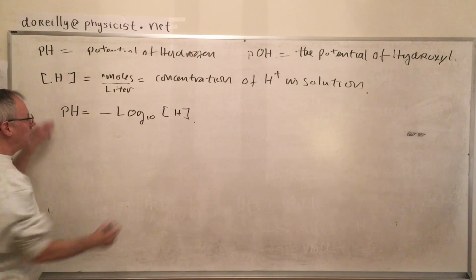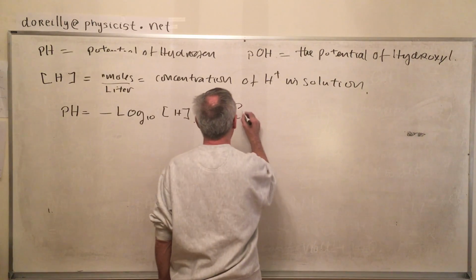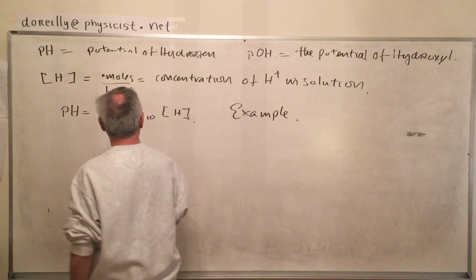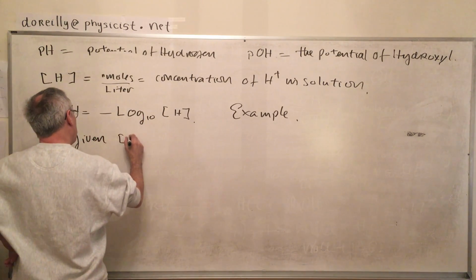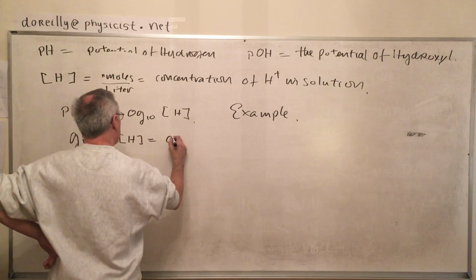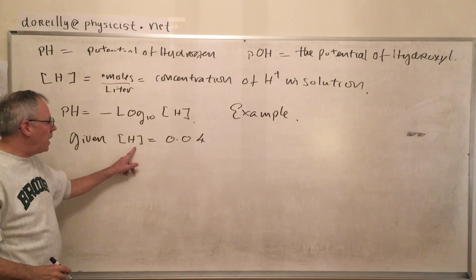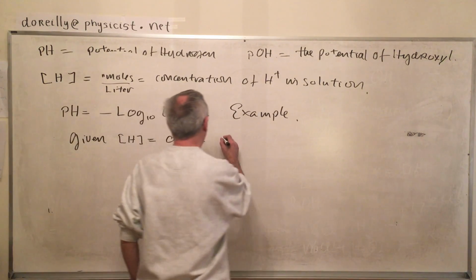If you know this, you can plug into this formula. Let's do one. Suppose that the concentration of hydrogen positive ions in solution is 0.04.